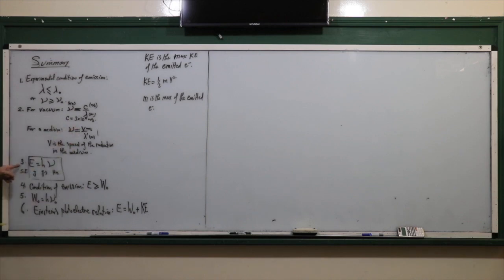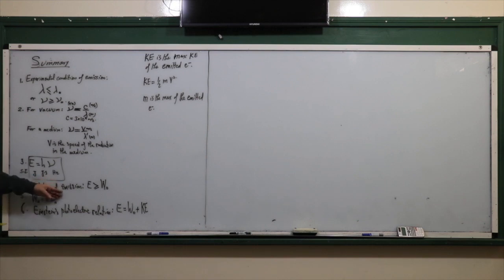Then, going back to number 3, we have the energy of a photon equals h nu. Don't forget h is called the Planck's constant. Nu is the frequency and E is the energy of one photon.